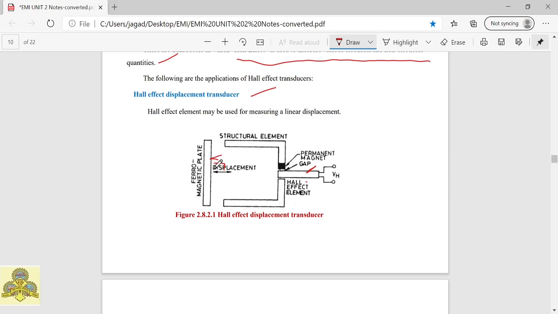So depending upon the position of the plate, or the displacement of the plate, the Hall effect element will produce the Hall voltage. If the plate comes near to it, more voltage will be produced. If the plate goes far from this place, less voltage will be produced. By this we can measure the displacement of the plate.